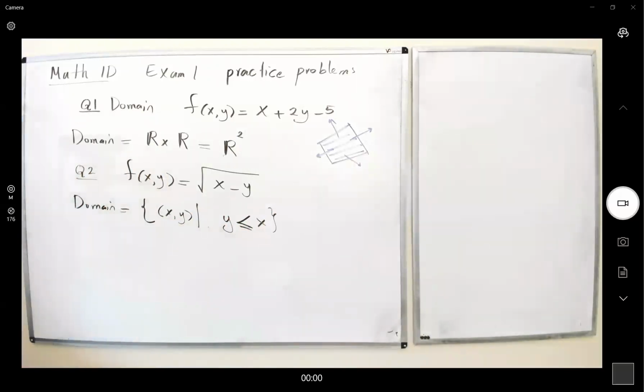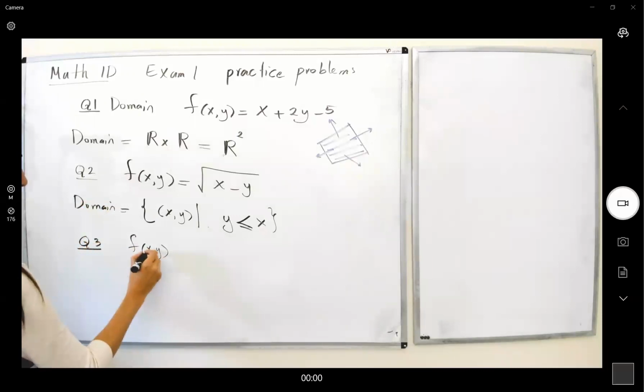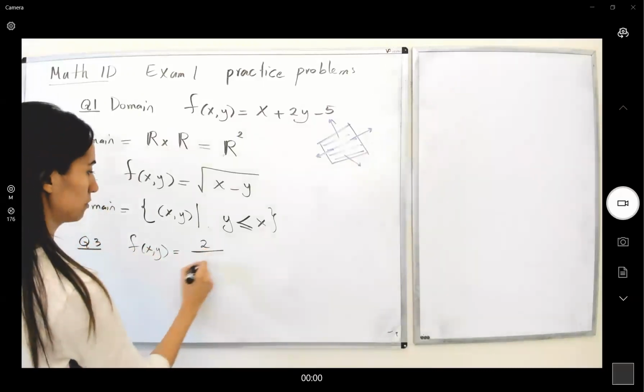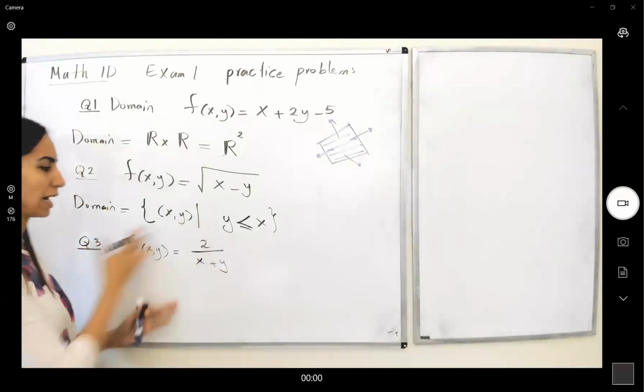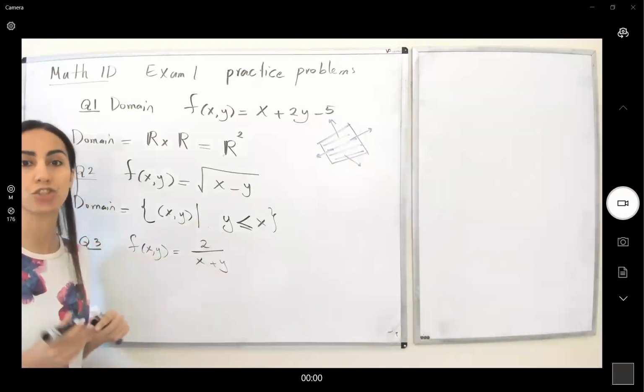Very well, let us take a look at question 3. In question 3, we have f of x and y equals 2 divided by x plus y. As you can see, you have a rational function.